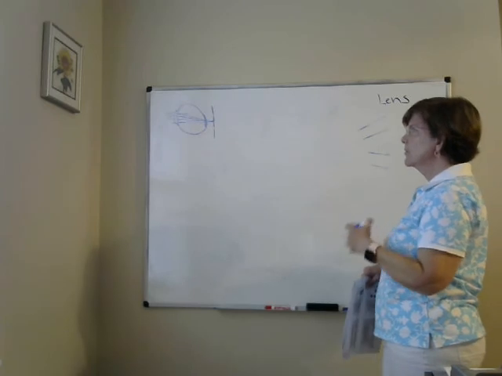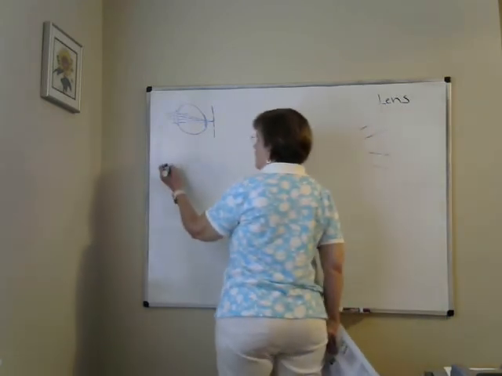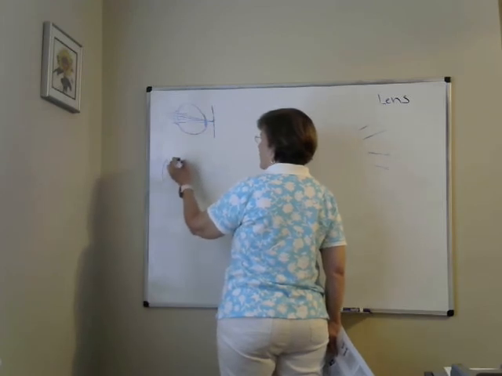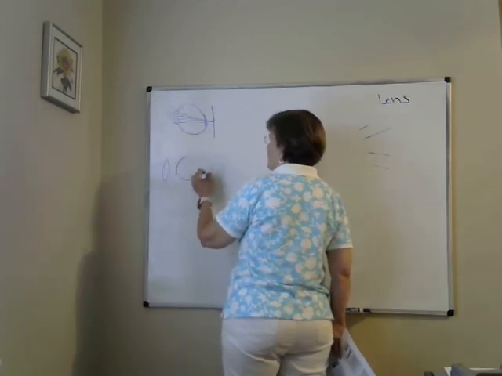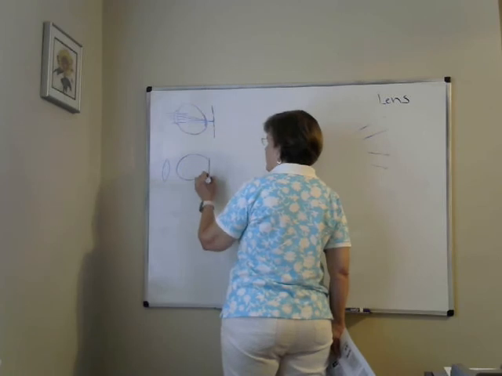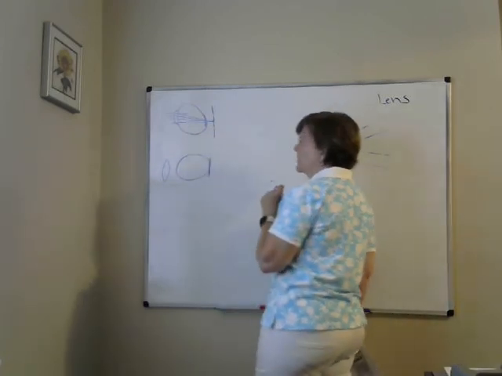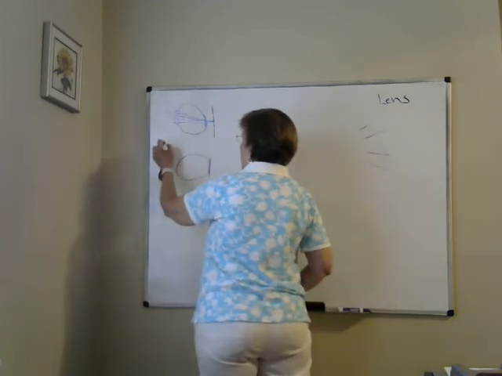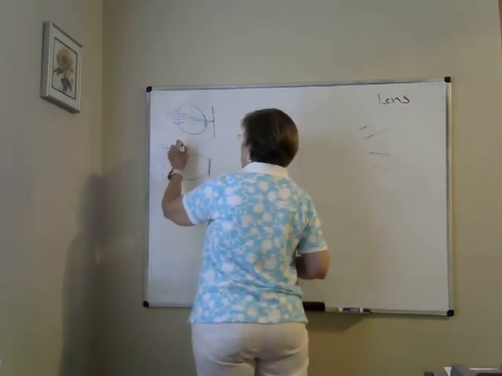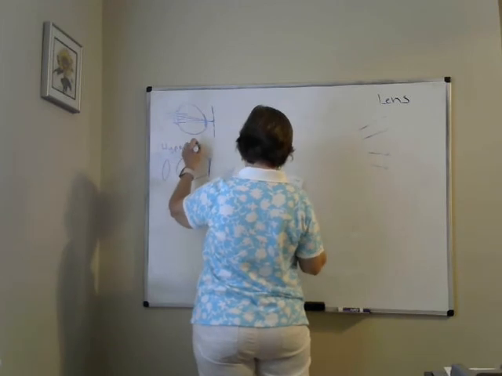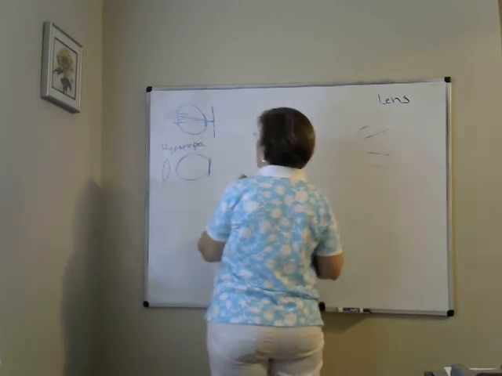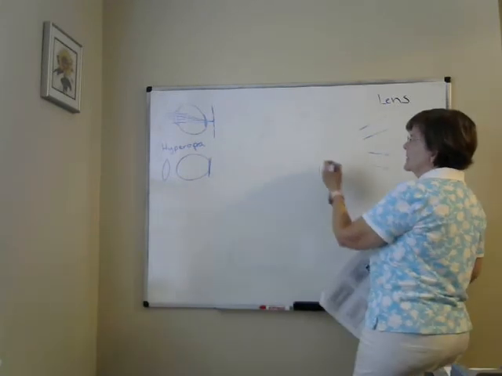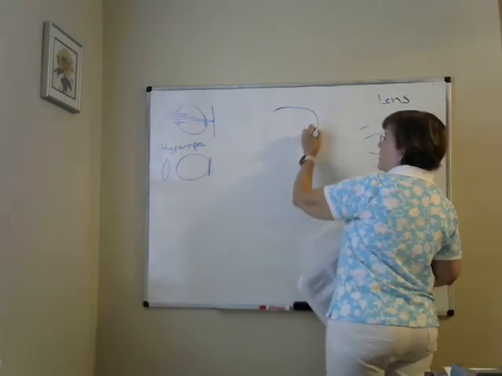If we want to converge those rays sooner, they're going to put a lens like this in front of your eye to help you converge those rays sooner so that your image is forming right on the retina. When your eye is too short, that's hyperopia. We call hyperopia farsightedness.